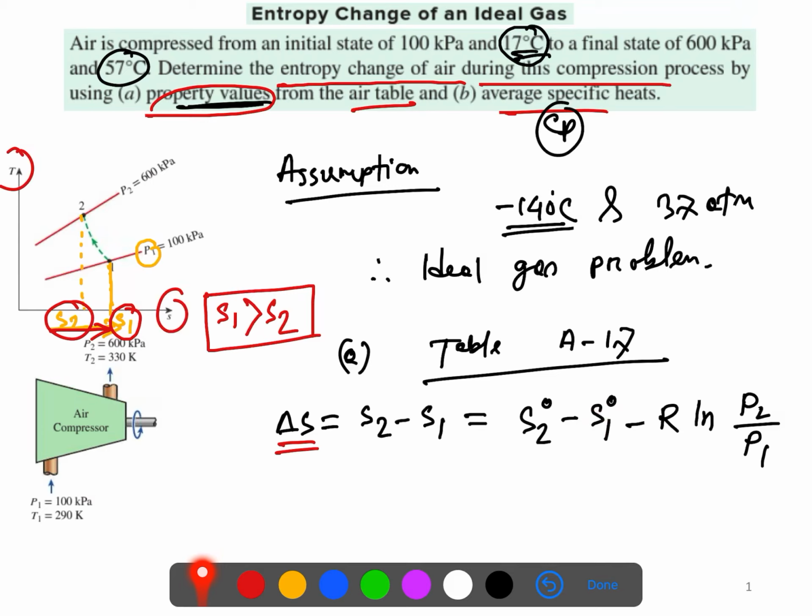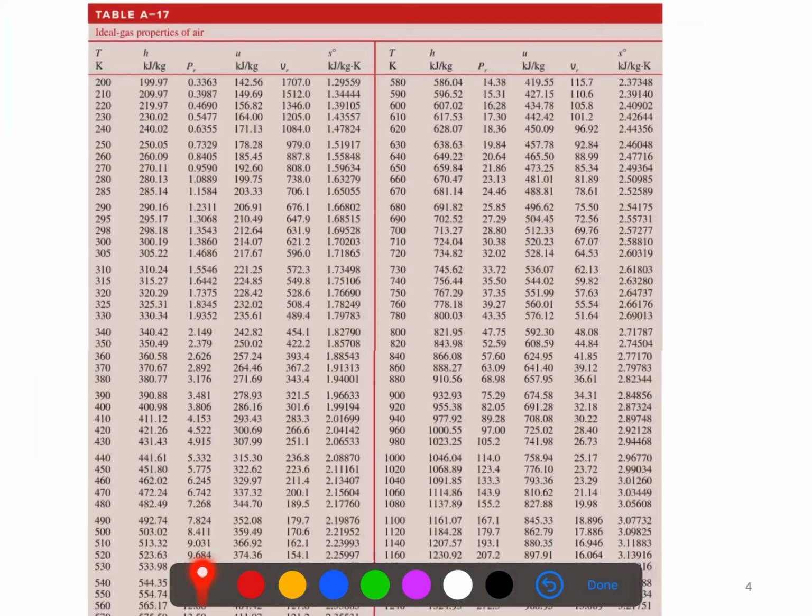Now S1 means the initial state, where the temperature is 290. S2 is the final state, where the temperature is 330. Let me show you from the table.